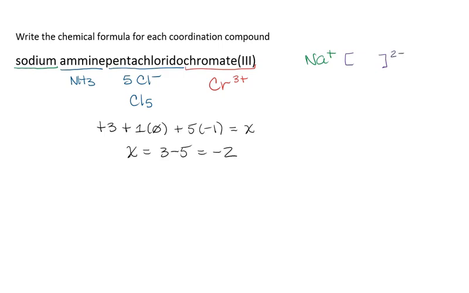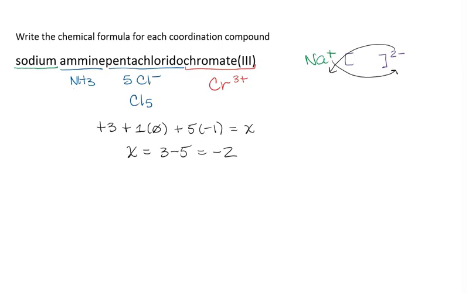So I'll write that over here next to my set of brackets, and that shows me how those two ions are going to combine when I get ready to write the entire formula. The charges are not equal and opposite. I have a +1 for sodium. I have a -2 for my complex. So I'll have to crisscross to move those subscripts around.